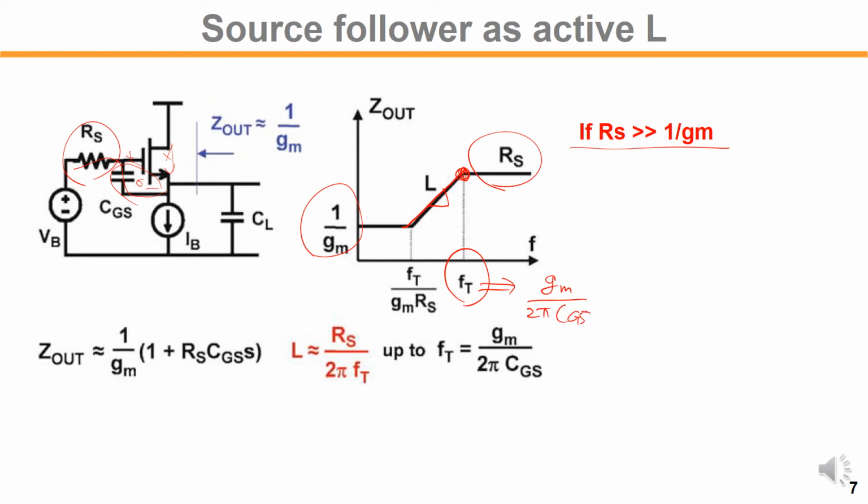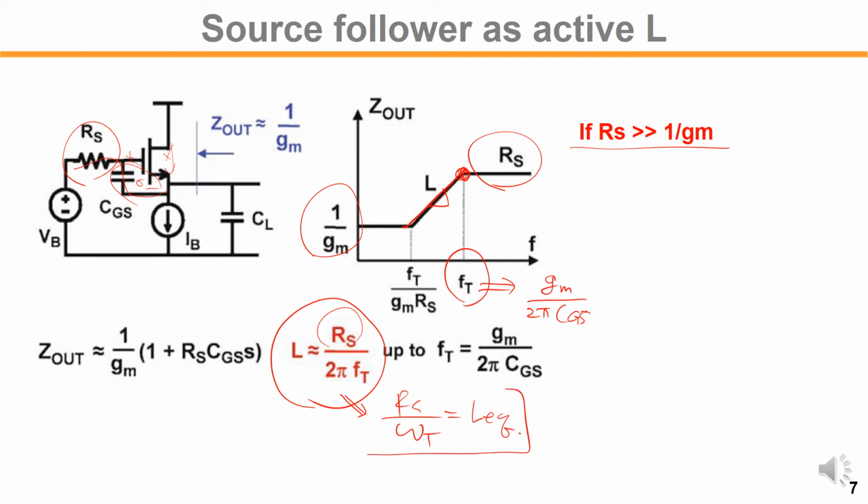At that frequency, the transistor becomes nothing. This equivalent inductance can be approximated as Rs over 2 pi fT, that means Rs over omega_T is L equivalent.